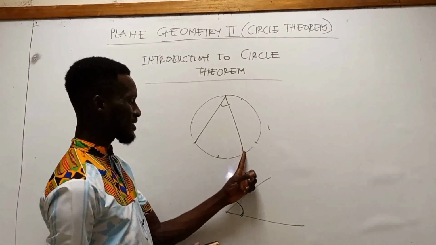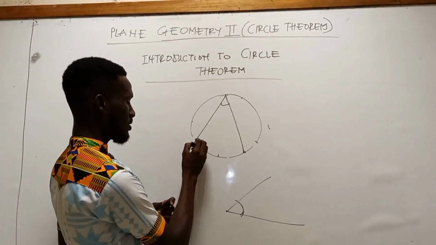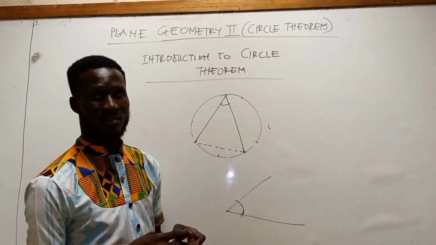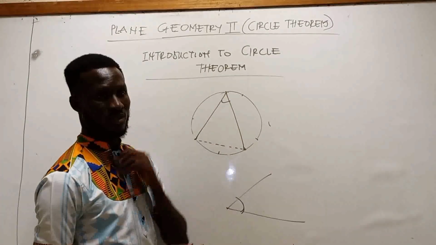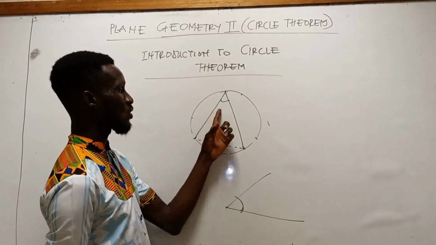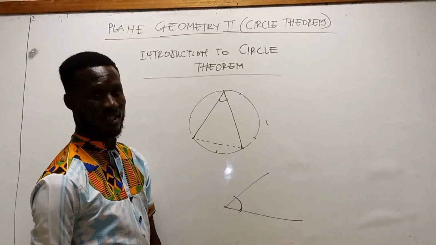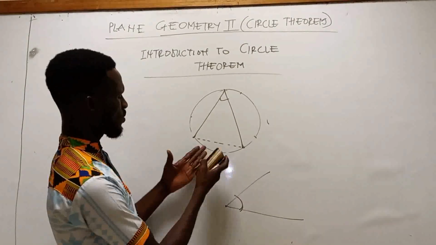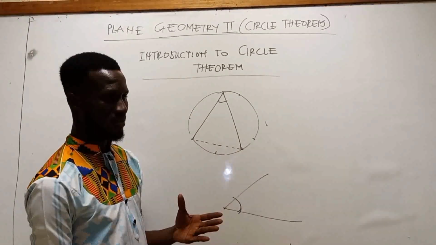So this one and this one, that is the ends of the chord. This is the chord. The ends of the chord form an angle at the circumference of a circle. So this is how angles are formed in a circle.